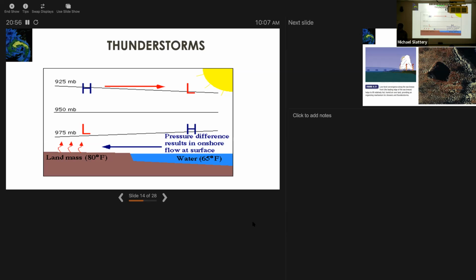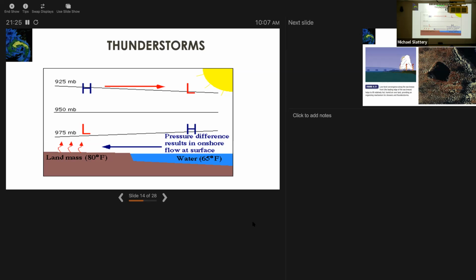So the sea breeze is a unique circulation that is set up because of the differential heating between land and water. We've talked about that a couple of times in the course already, the specific heat of water. If you're sitting on the beach, we know that the sand heats up quickly. The land, whether it's beach sand or nearby areas, will heat up more quickly than the ocean water.